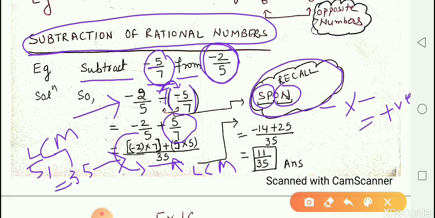So 5 multiplied by 7 is 35. So we will multiply the numerator by the same number, that is 7. Similarly here 7 multiplied by 5 will become 35. So the numerator is multiplied by 5.